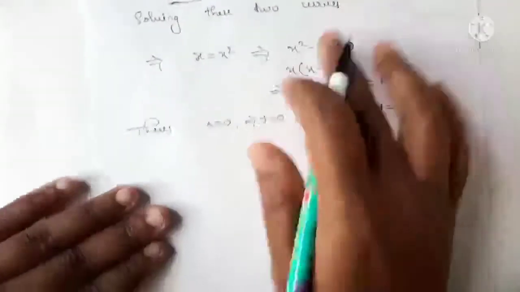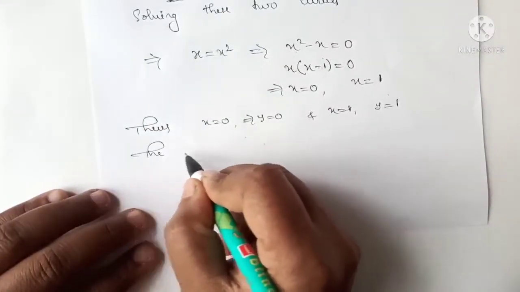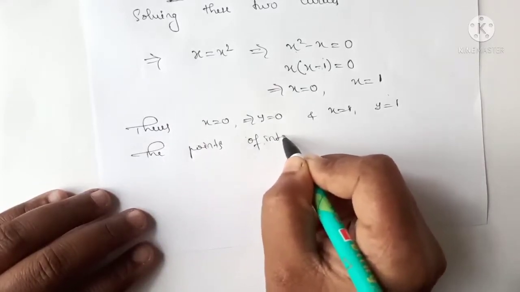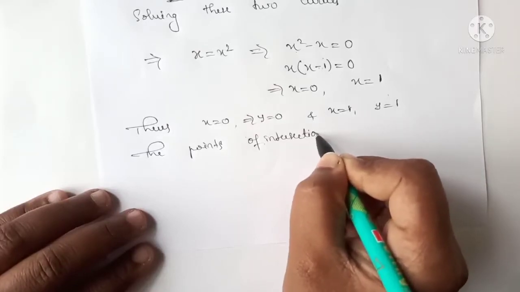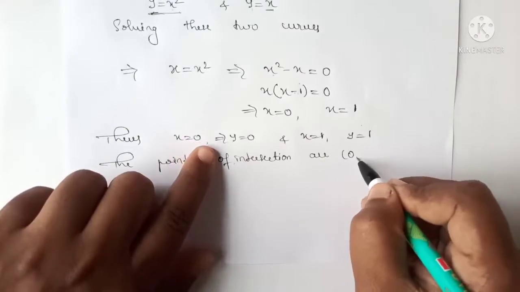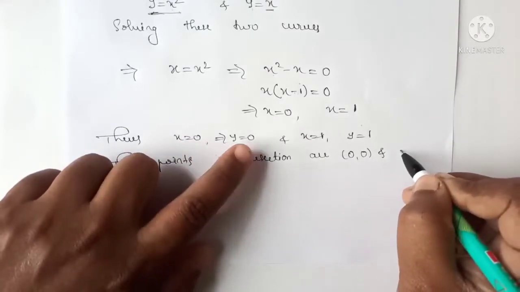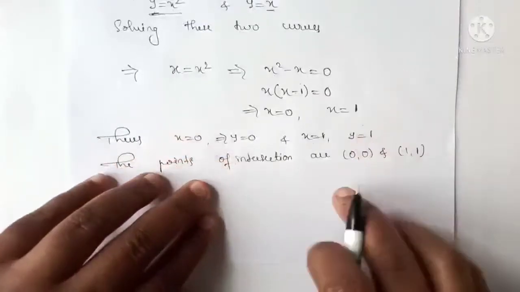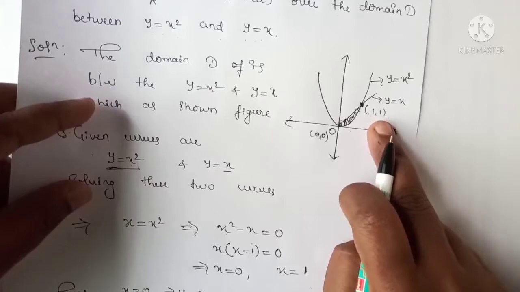So the first one, when x equals 0 we have y equals 0, and when x equals 1 we have y equals 1. This 0 comma 0 represents the origin, and this will be 1 comma 1.